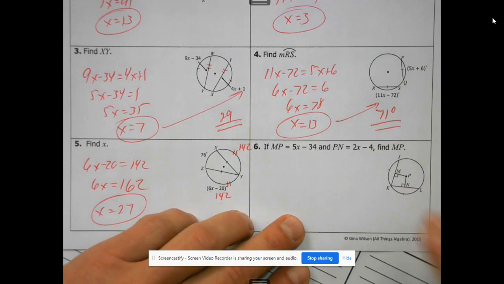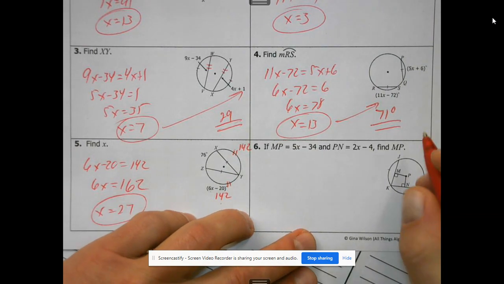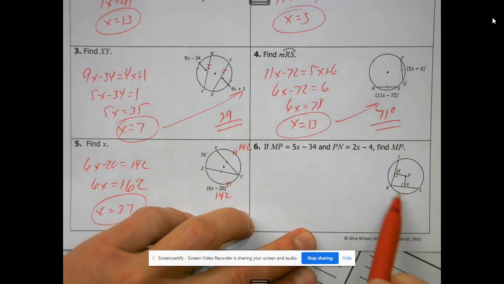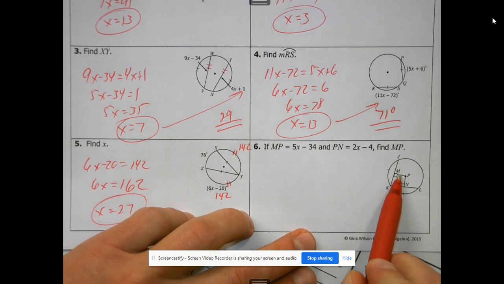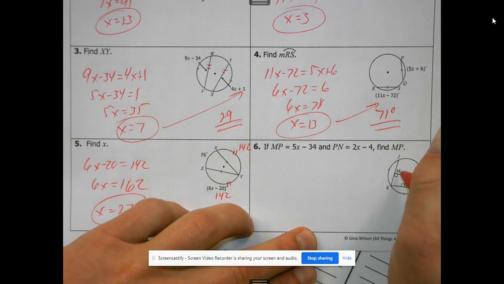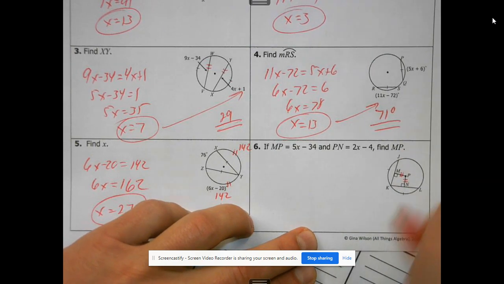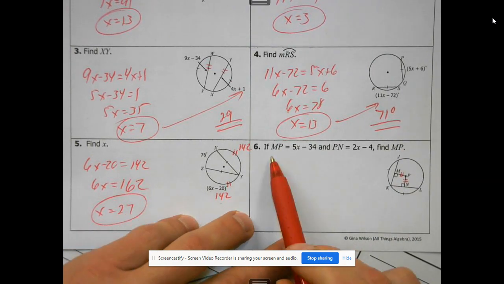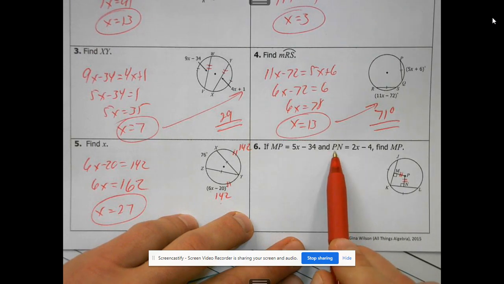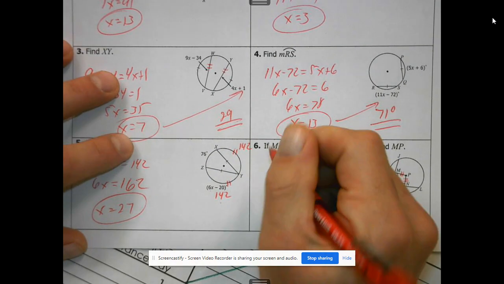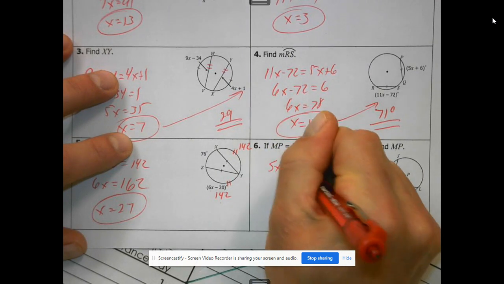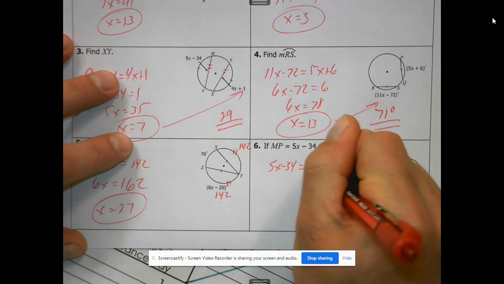All right, number 6. MP is, okay, so check it out. Arcs congruent means chords are congruent, which means the connecting pieces are also congruent. So this piece is congruent to that piece. So directions, you got MP and you got PN, right? Set them equal, then we got to plug it back into MP. So 5x minus 34 is 2x minus 4.